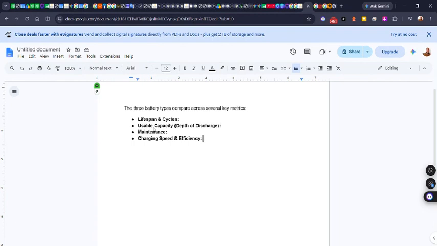Coming to maintenance, lithium battery does not require any maintenance. For dry cell, it does not really require maintenance like that; the requirement is minimal. But tubular battery requires constant maintenance.